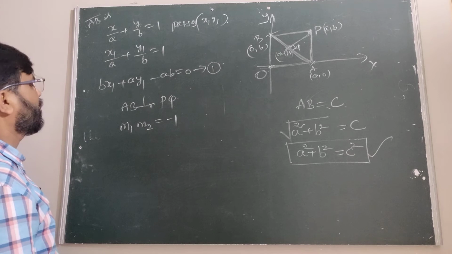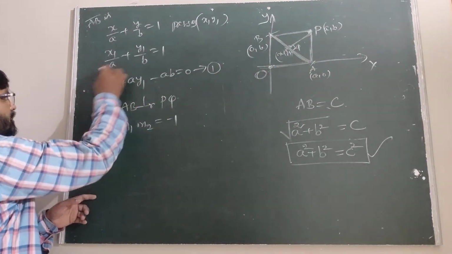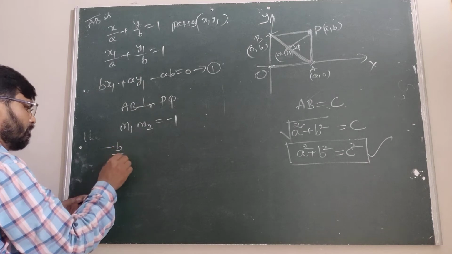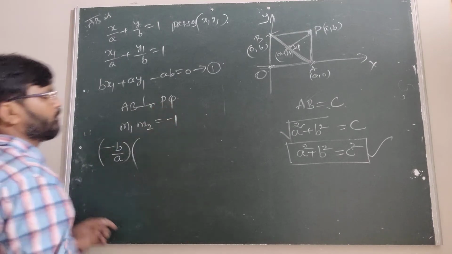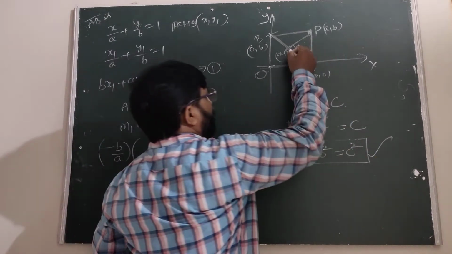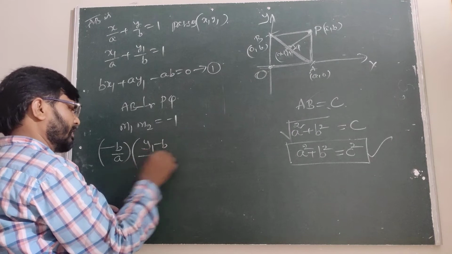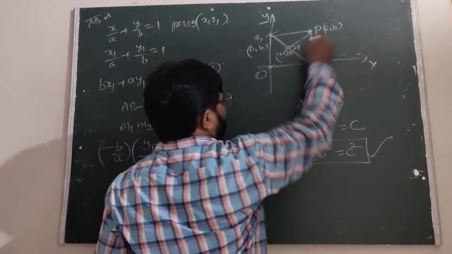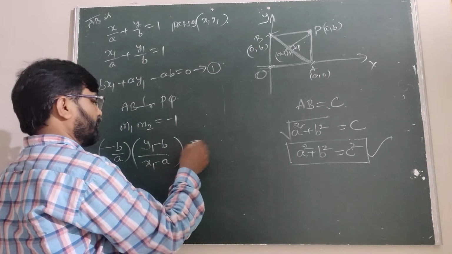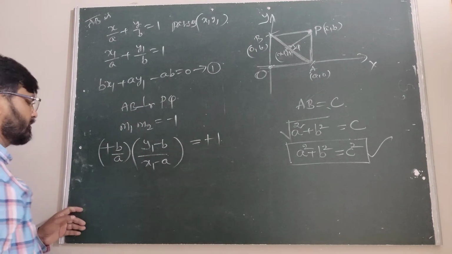The slope of AB, we know, is minus b by a. The slope of PQ is (y1 minus b) by (x1 minus a). So (y1 minus b) by (x1 minus a) times minus b by a equal to minus 1. The minus into minus is plus.